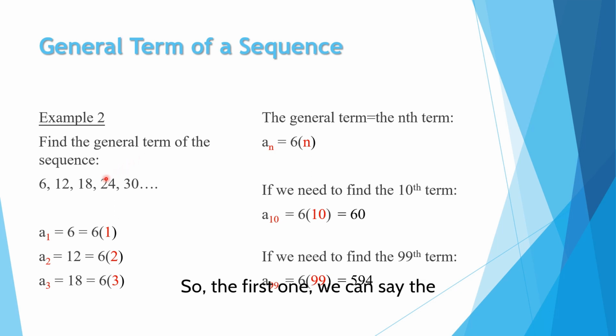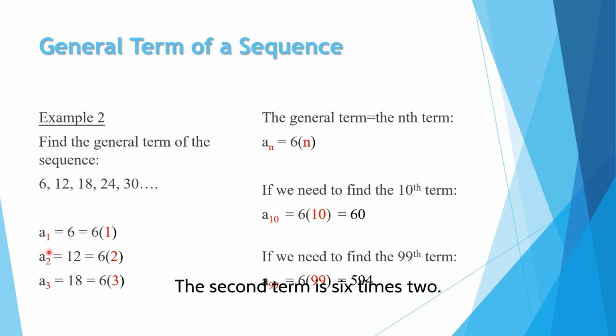So for the first term, we can say a1 equals 6, so it's 6 times 1. And the second term a2 is 6 times 2 gives 12, and so forth. a3 is 6 times 3, which is 18. So there is a fixed pattern here. We can see that according to which term it is, there is always 6 times that number.